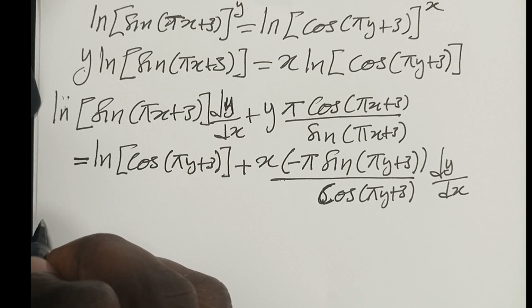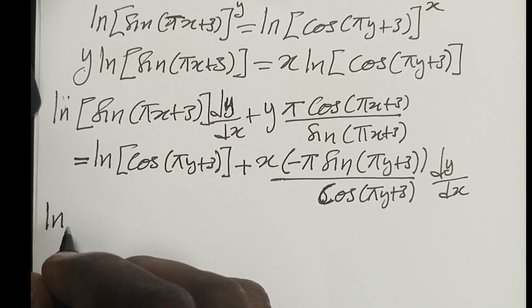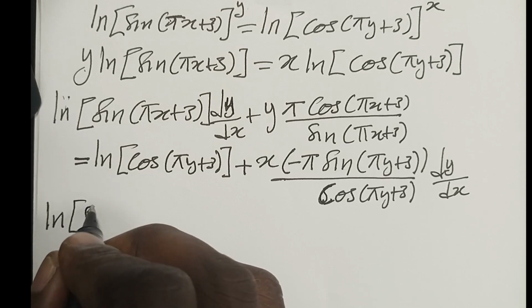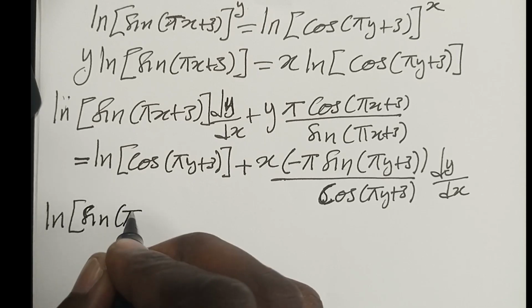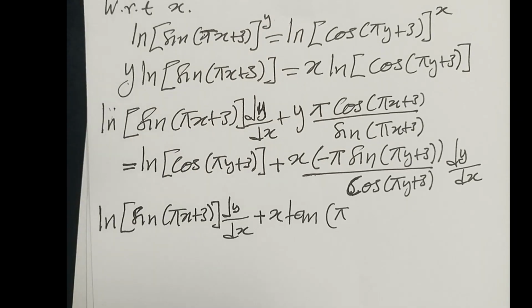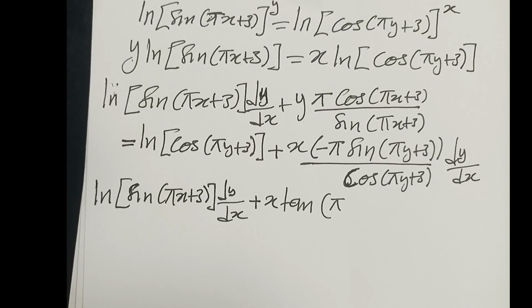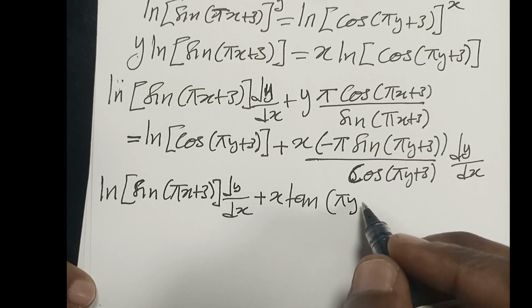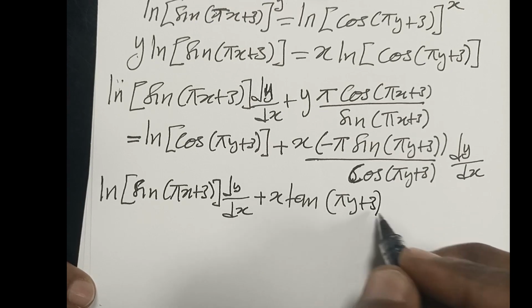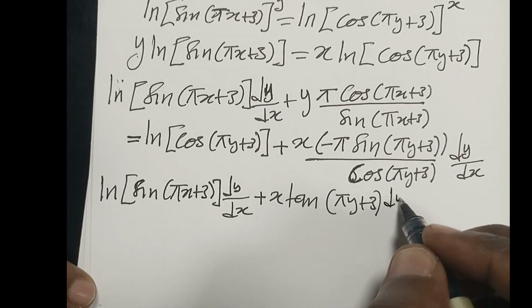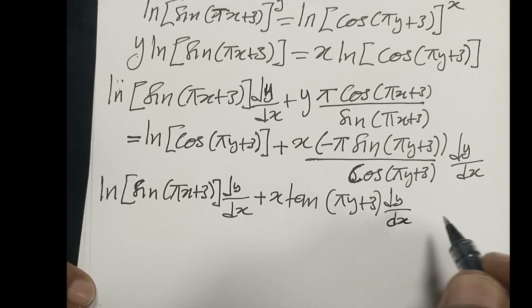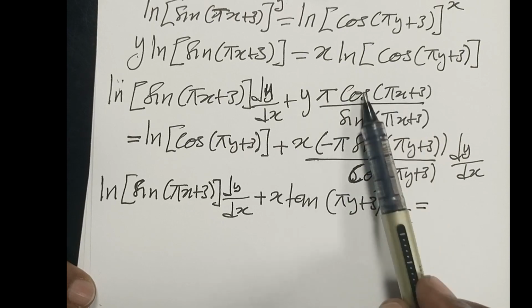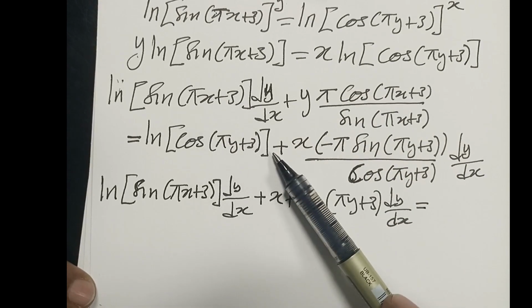Then we should have ln of sine, the tan over pi y plus 3 dy dx being equal to, this will be taken this side to come this side.